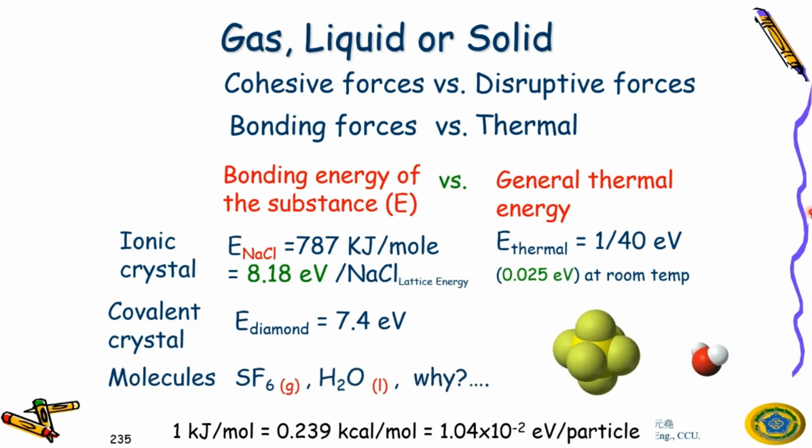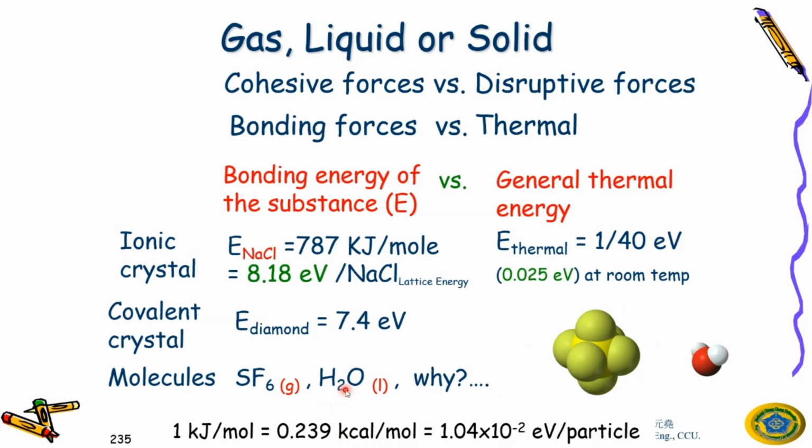This is called sulfur fluoride. Sulfur is in the middle, and there are 6 fluorine atoms surrounding the sulfur. This is sulfur fluoride gas, and this is a big molecule.